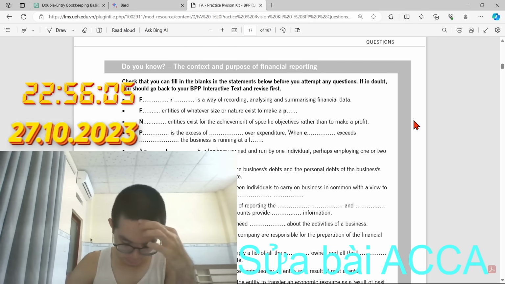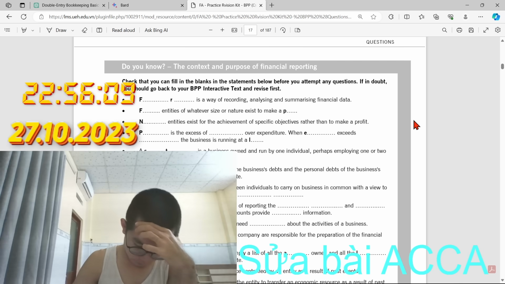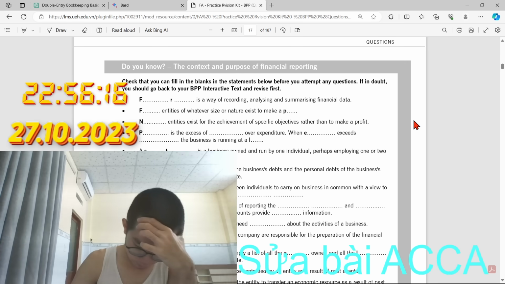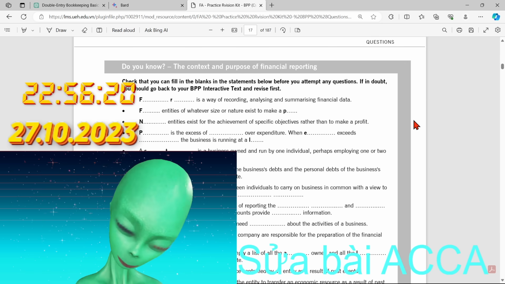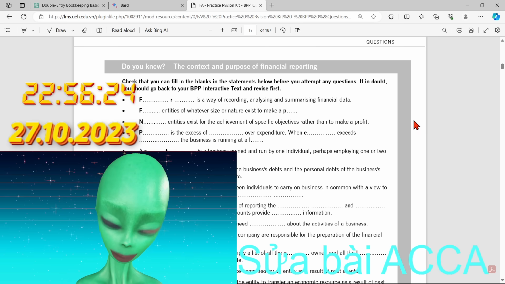A sole trader is a business owned and run by one individual, perhaps employing one or two assistants and controlling their work.